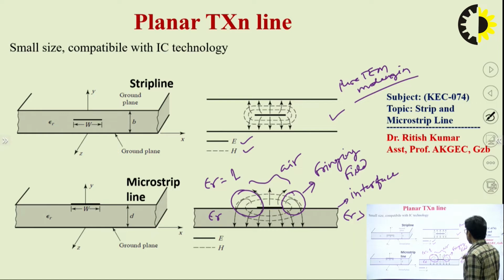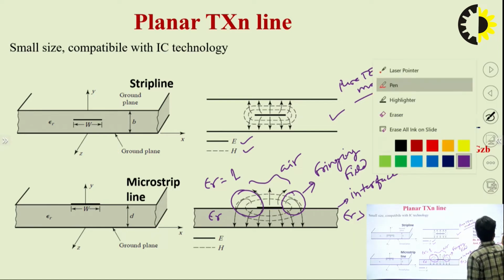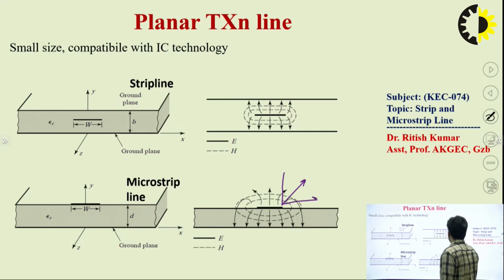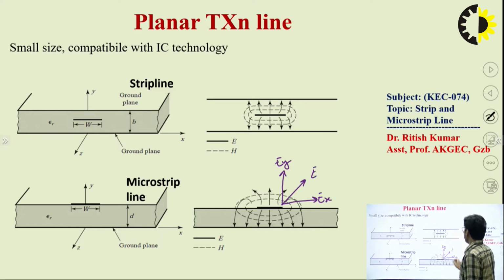Now suppose this is the resultant vector of this field. This field has two components, suppose this one is Ex, this one is Ey, and this one is the resultant electric field. This electric field is mainly the cause of the surface wave as well.